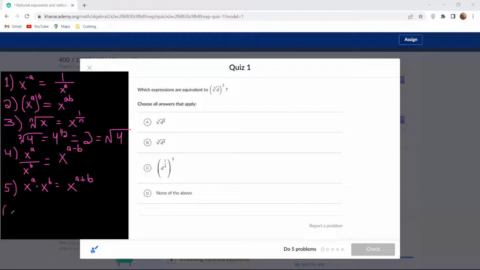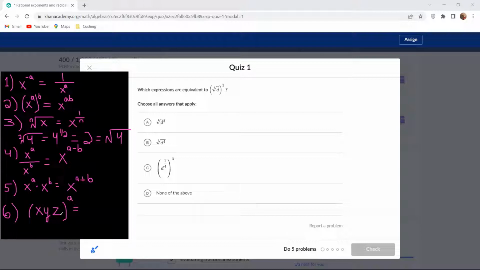All right, and then the last rule that we have here, and I kind of didn't notice this till later, they didn't teach this specifically in the video, but it is going to be useful. If you have the product of something, so let's say x times y times z, and those are raised to an exponent, you can, in a sense, distribute the exponent.